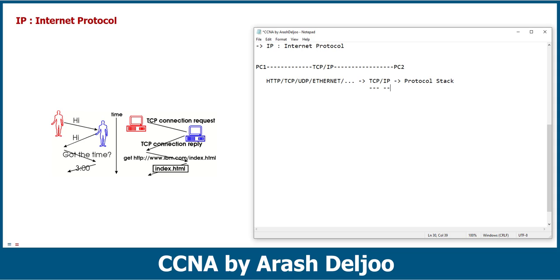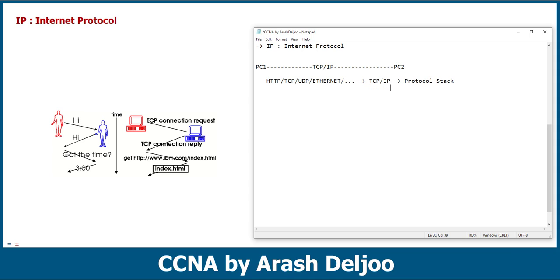Until now, you know that we have networks today that we call TCP/IP networks, because we are using the rules and protocols of the TCP/IP in these networks.